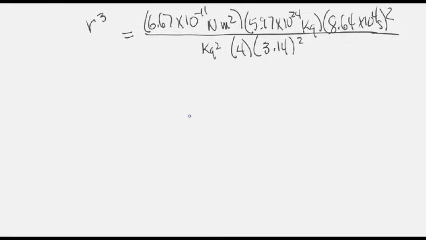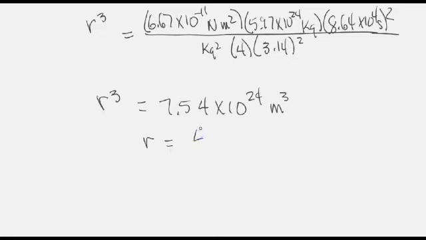I'm sure that you're all competent enough to use a calculator. You're going to get r cubed is equal to 7.54 times 10 to the 24th meters cubed. Take the cube root of both sides, you get 4.22 times 10 to the 7th meters, which is approximately 25,000 miles.